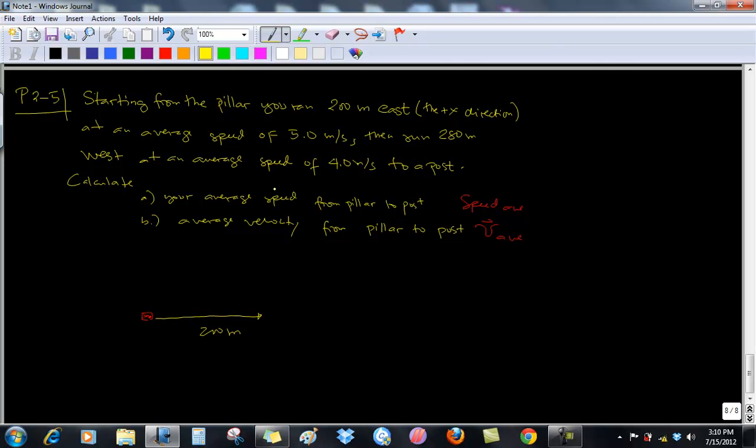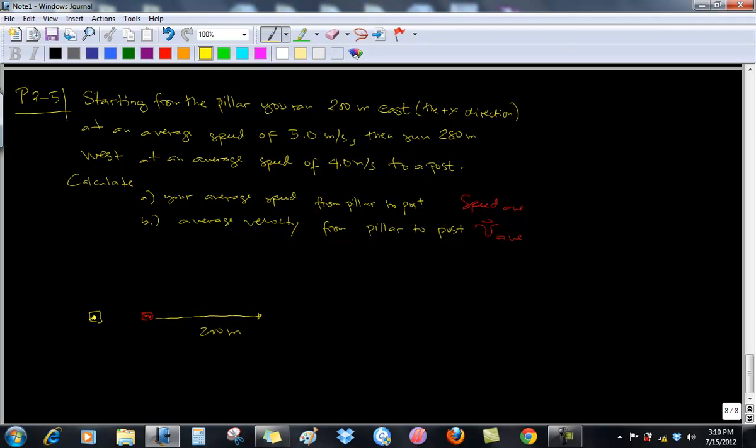Let's check the problem. You run west from pillar to post. So first, you run 200 meters towards the east, then you run west. Let's draw the post in a different color.